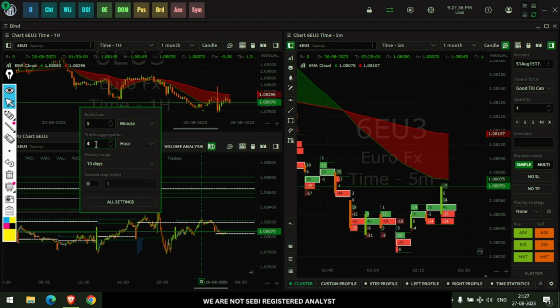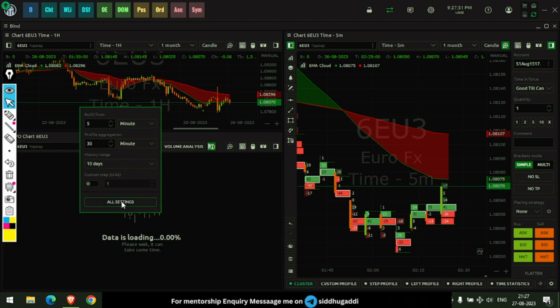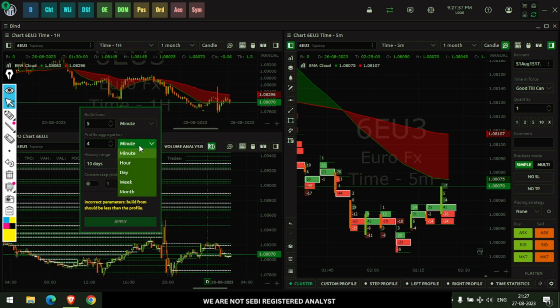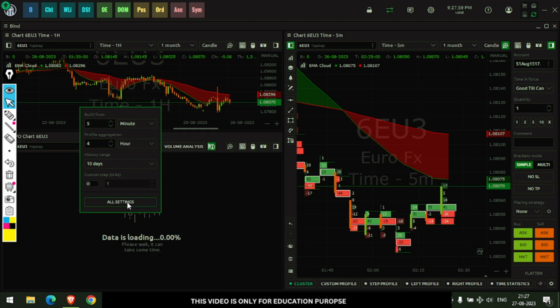This is one of the plus points that I felt very few platforms will offer you. You can customize the market profile time frame to whichever you want. Even if you want only 30 minutes, you just need to go here and change it to 30. Okay, done. The 30 minutes market profile will be plotted on your chart. If you have some good study on the 4 hour, which is what I do, then you just need to plot it on your chart.